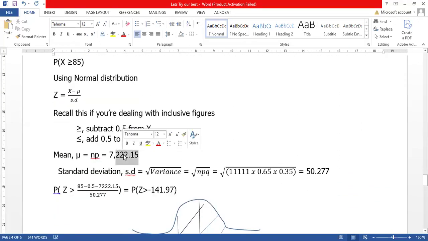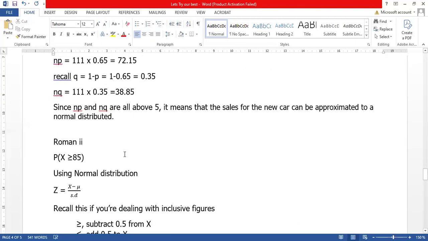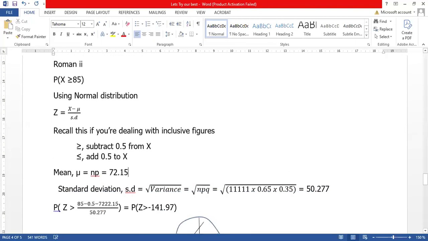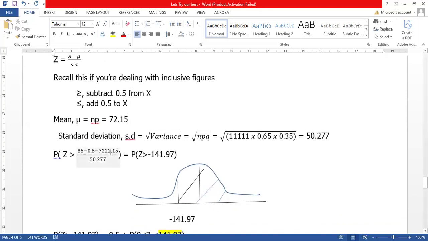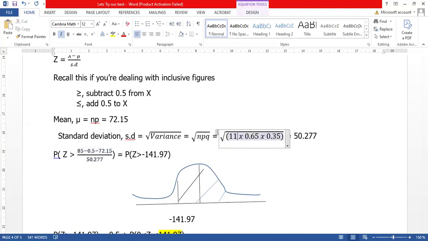Then here 72.15. Then what is the standard deviation? Square root of 111 times 0.65 times 0.35.